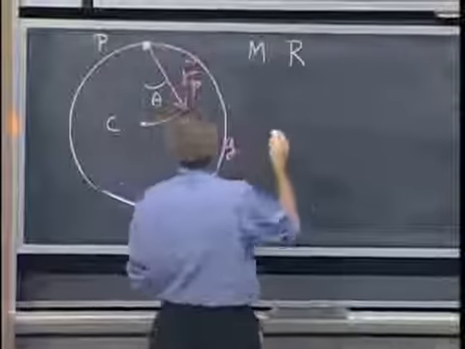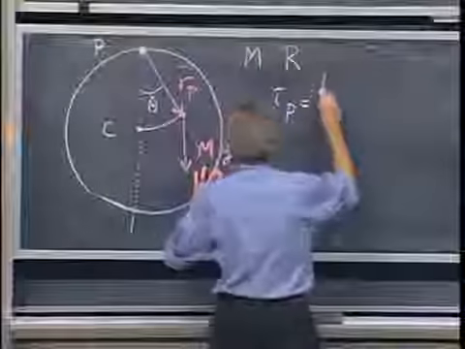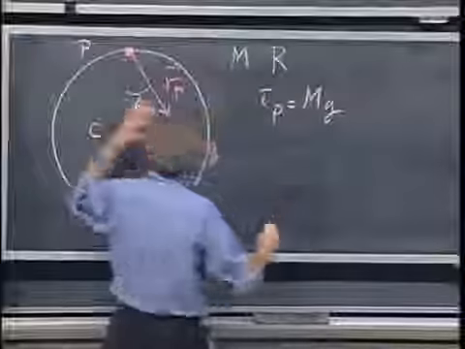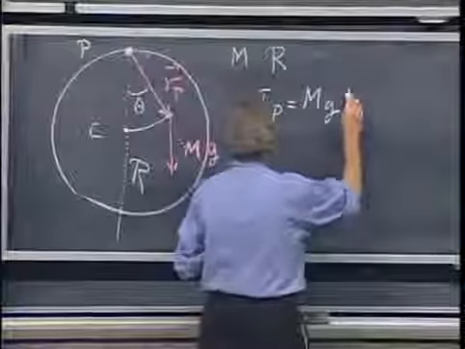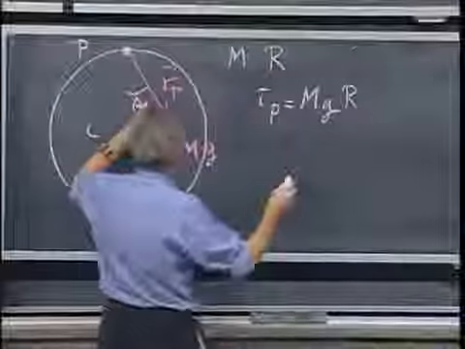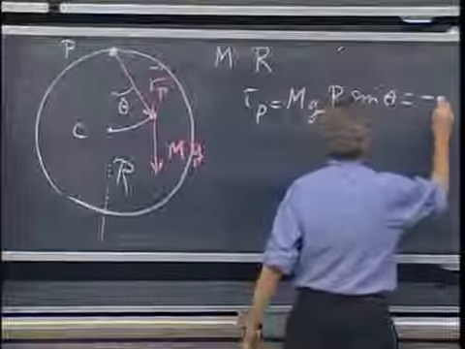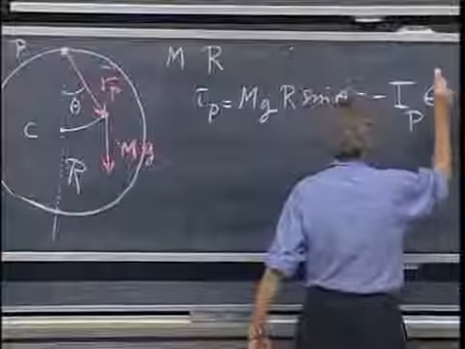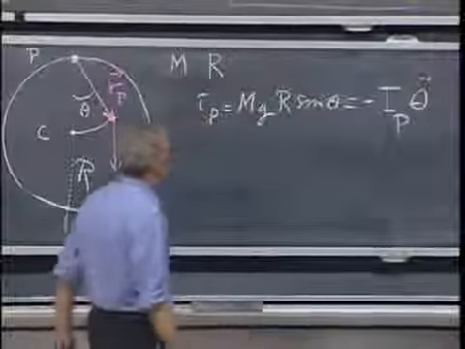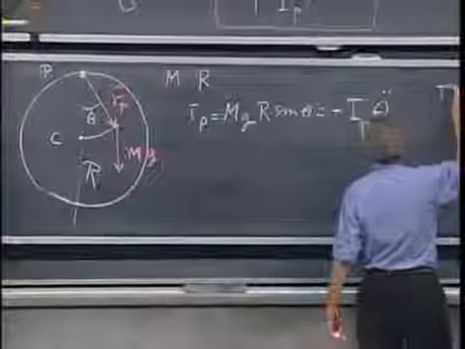I'm going to get that the torque about that point P equals mg, and I'll fill in for this immediately the radius r times the sine of theta. And that must be equal to minus the moment of inertia about point P times theta double dot. What is the moment of inertia about point P?